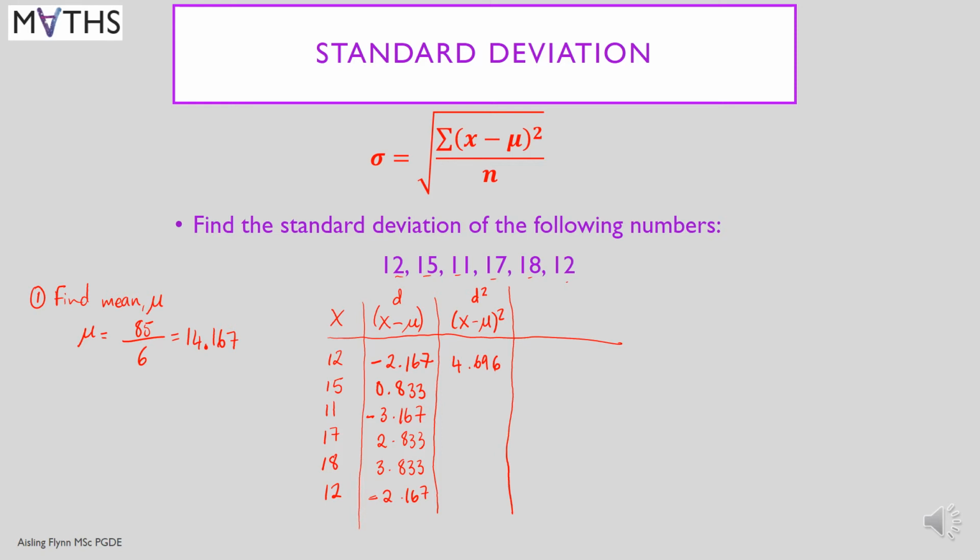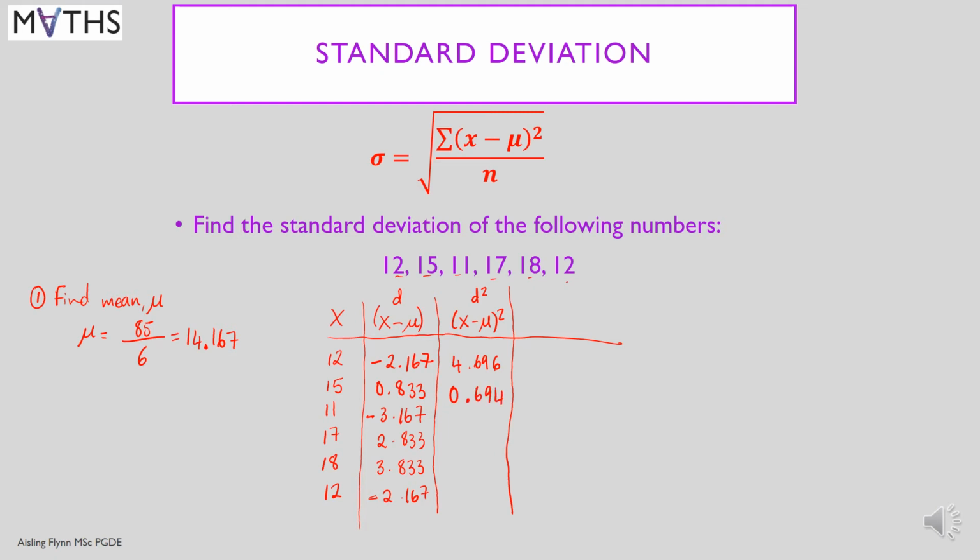And so on. 0.833 multiplied by itself, you get 0.694.